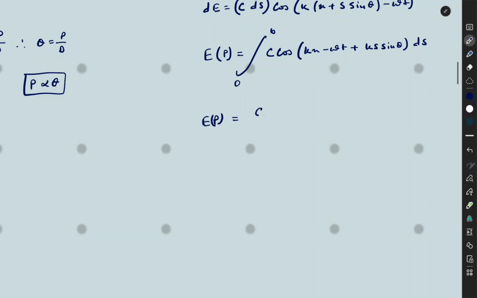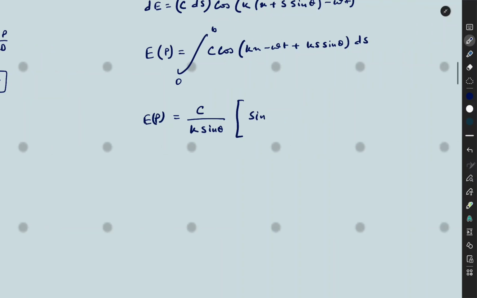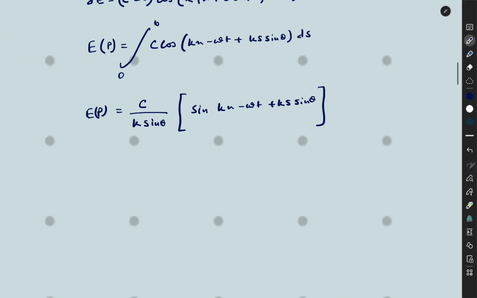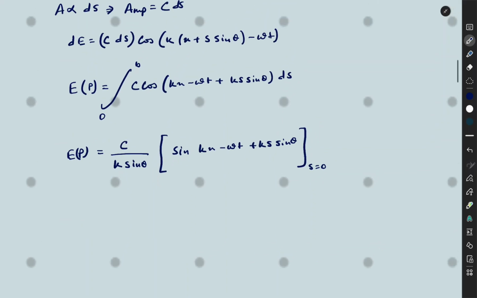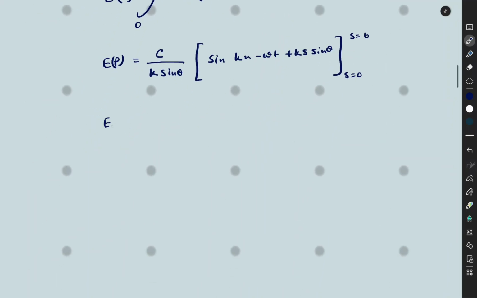So it will be c upon k sine theta into sine of kx minus omega t plus ks sine theta, from s equal to 0 to s equal to b.